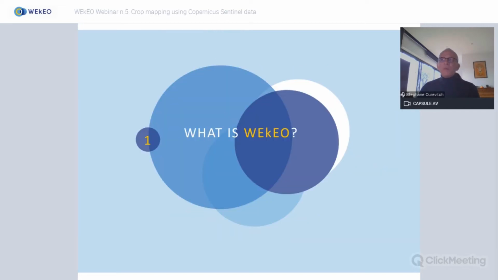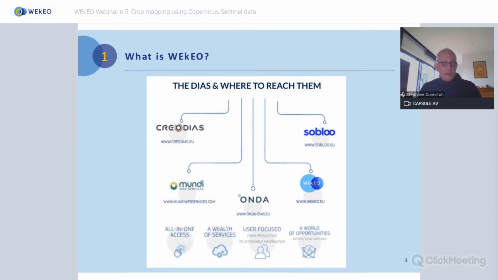So, what is WEkEO? WEkEO is one of the 5 DSs. The European Commission basically decided that something needed to be done to facilitate access to Copernicus data from the Sentinel satellites and from the 6 Copernicus services, because bandwidth issues, hard disk capacity, processing power, etc., were seen as a barrier to the wide adoption of all this data for environmental and other applications.